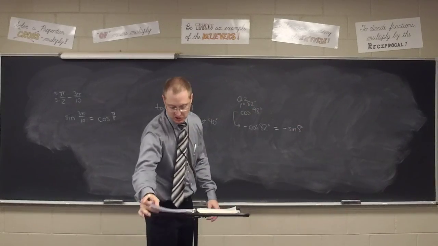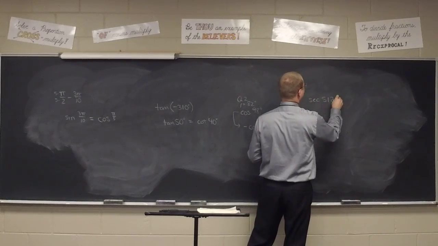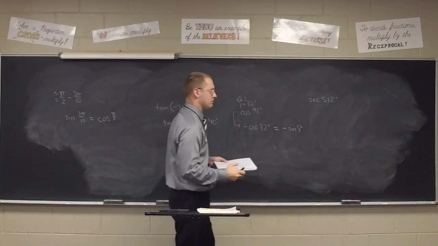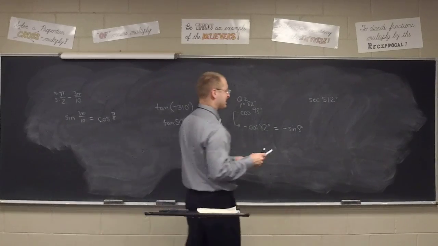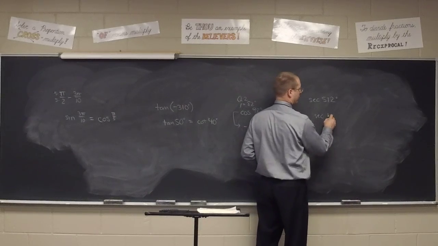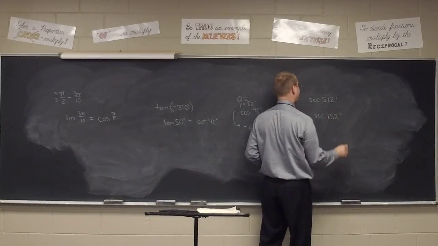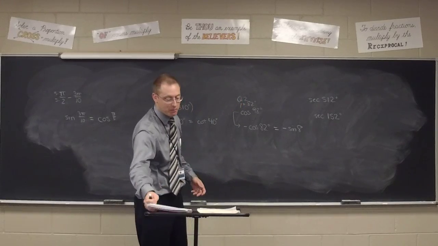How about this one at your seats? Supposing we had the secant of 512 degrees. Thoughts? Minus 360, to get the secant of? Again, can we do 90 minus? No. So we have to reduce this down to the same function of a positive acute angle.